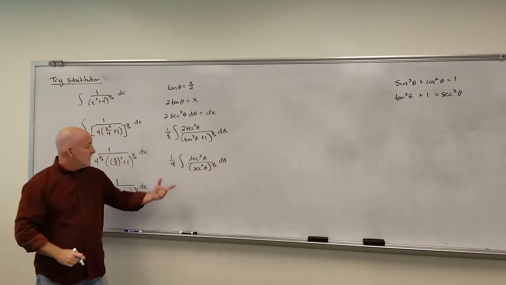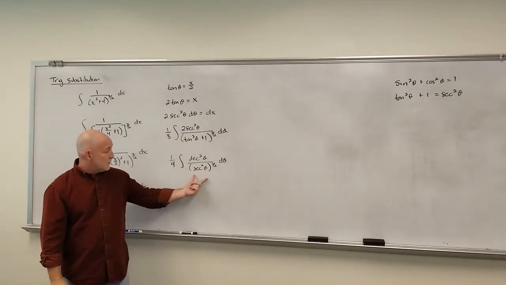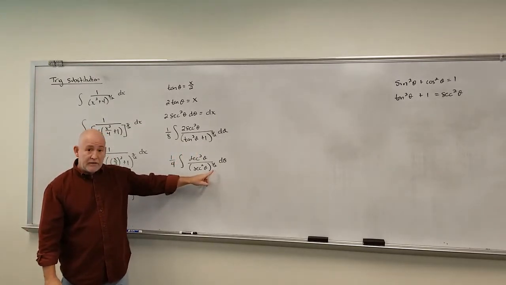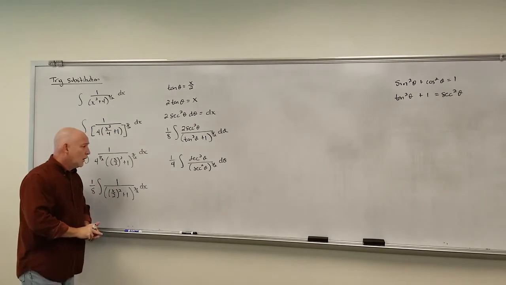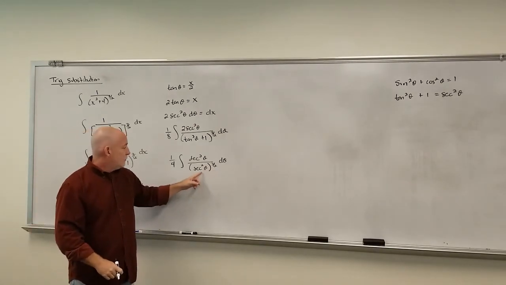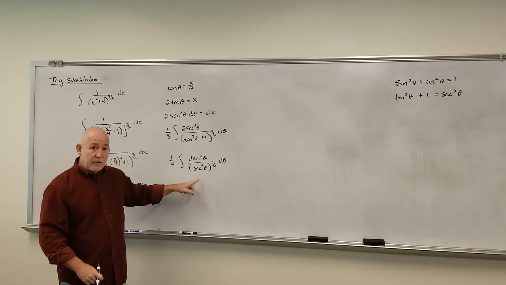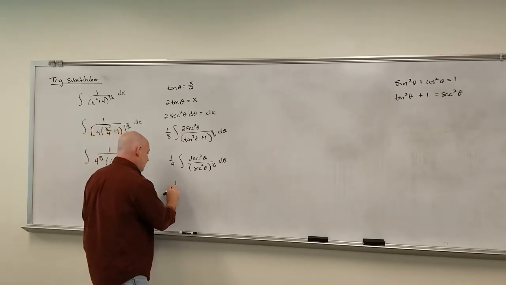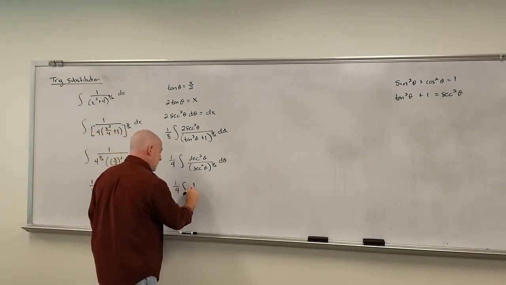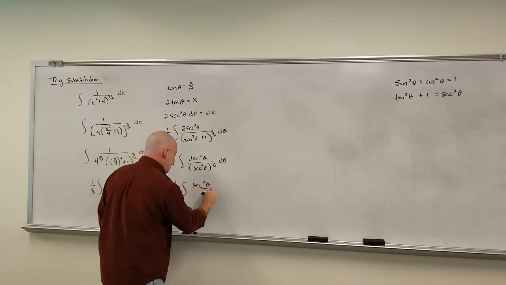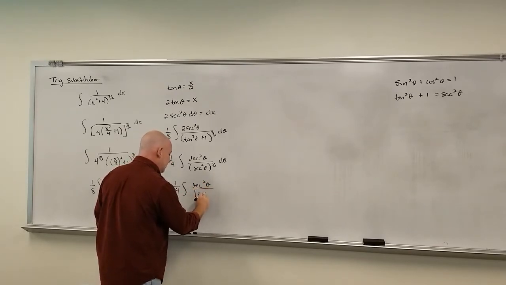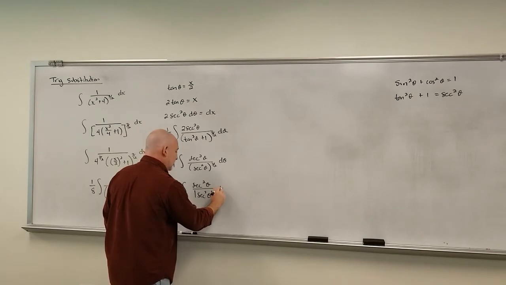Now that's the whole reason I did that, is because I can turn these two pieces into one piece, which means now I can apply that outside power. All right, again, when we do the square root of something squared, we get the absolute value. So this is going to be 1/4 secant squared theta all over the absolute value of secant cubed theta d theta.